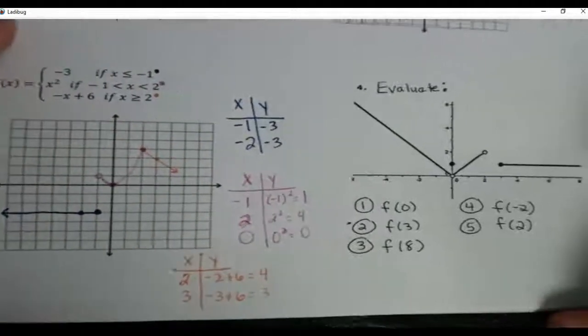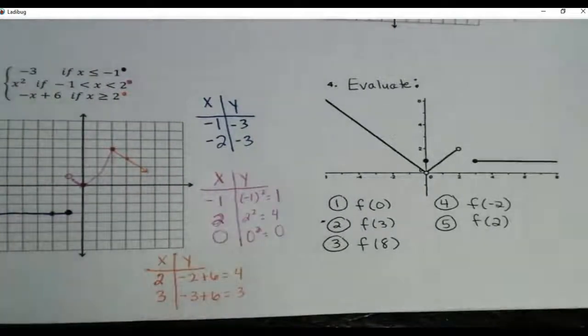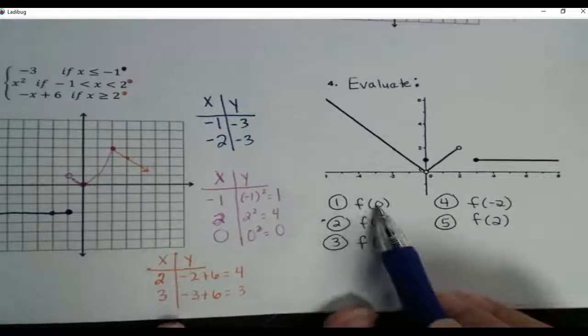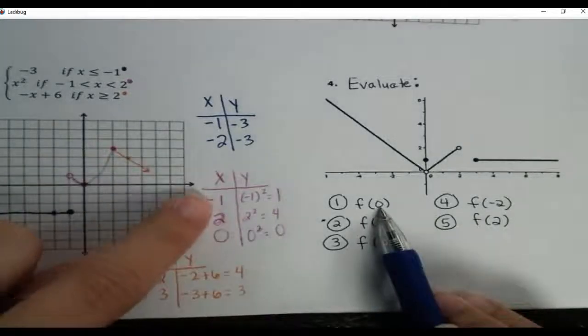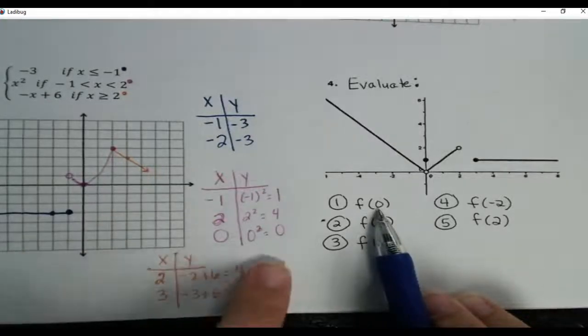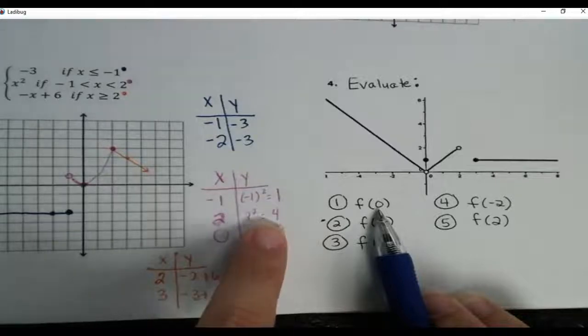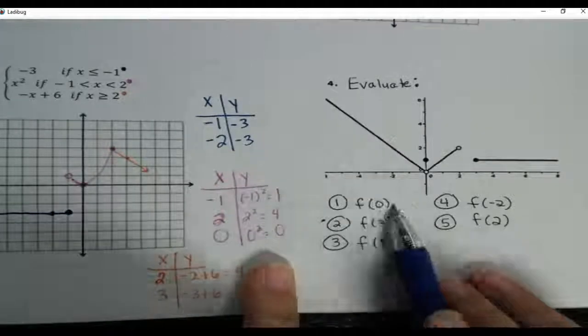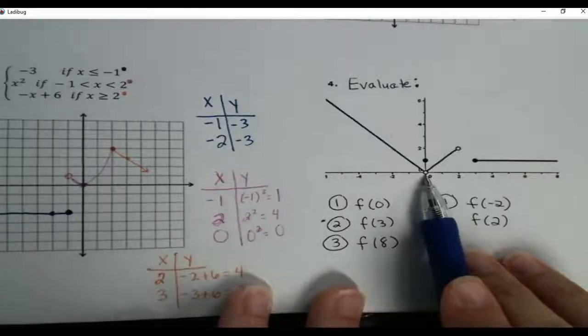Okay, so this last one, number 4, it gives us the graph, and now we want to find all of these. We want to find the y value at these given x values. So it's the same thing that we did for those first 6, but instead of having the equation, now we have the graph. So if I'm looking at f of 0, that's what we've been plugging in. So we've been plugging in our x values, and what do we get after we plug them in? Y values. Good. So if I'm looking at 0, what's my y value at 0?